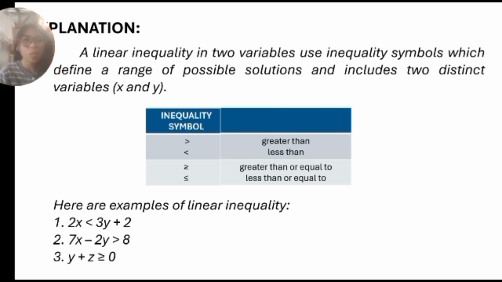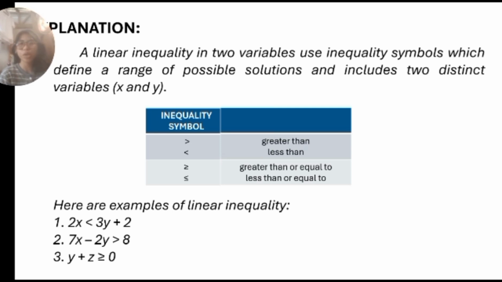A linear inequality in two variables uses inequality symbols other than the equal sign. That is why they are called inequality symbols. Here we have greater than, less than, greater than or equal to, and less than or equal to, which define a range of possible solutions and include two distinct variables, x and y.